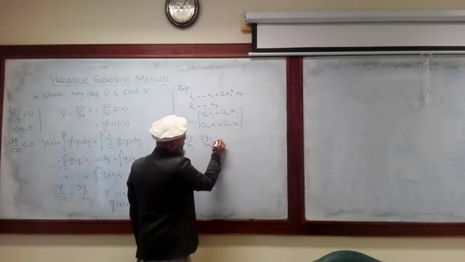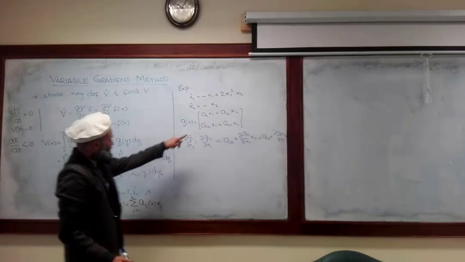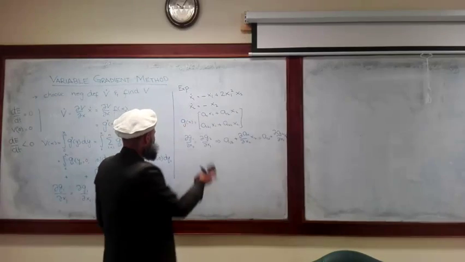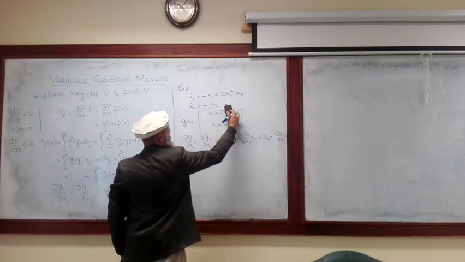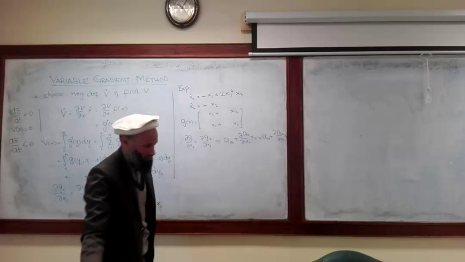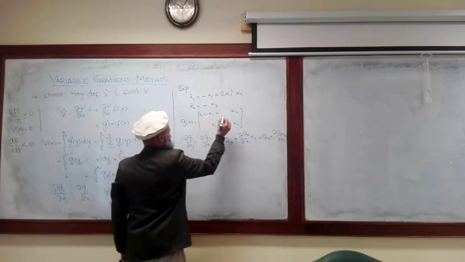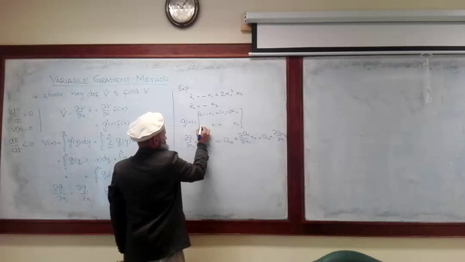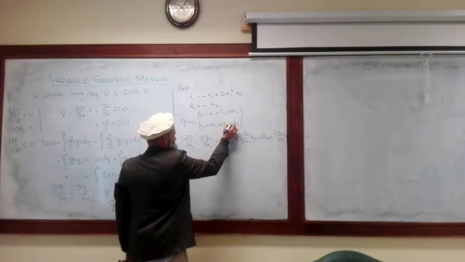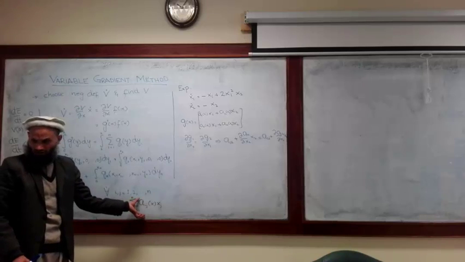So this condition implies that here, for simplicity, we have taken this A11. Let me rewrite it to clarify things. A11 is a function of x1 only, and A12 is a function of x2 only, A21 of x1, A22 of x2. So this selection is less general than this one.